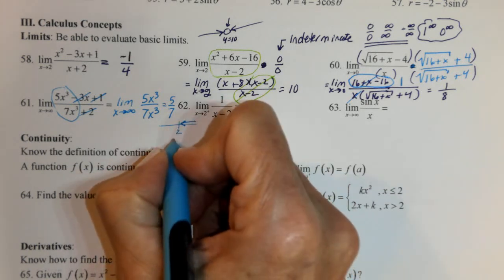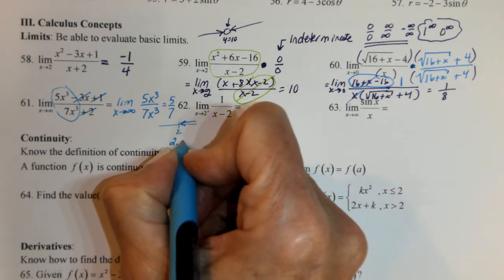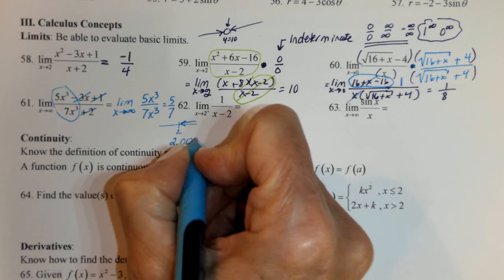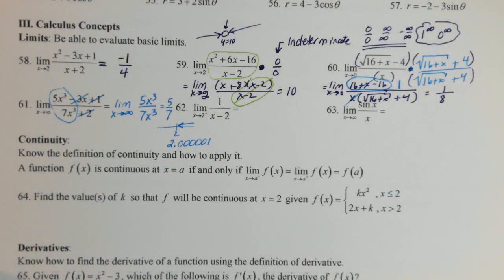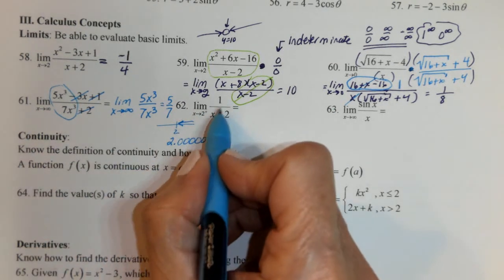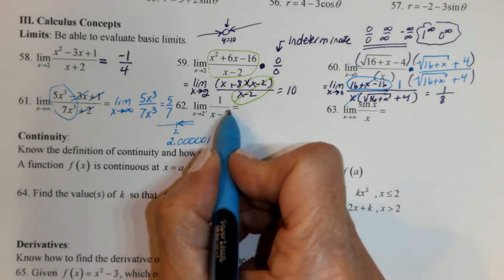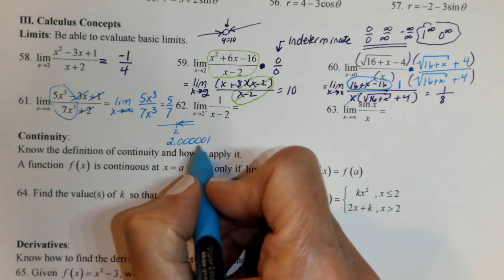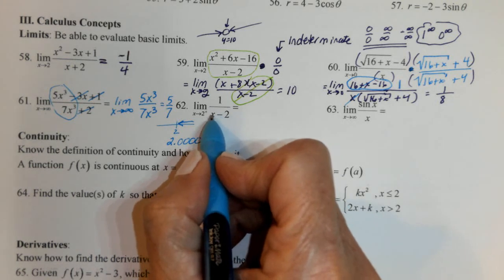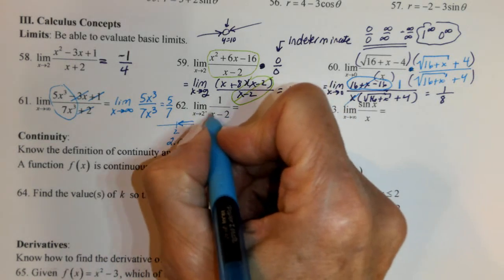So, in other words, I can put in, for x, something like that. If I put something like that in for x, I see that I have 1 on top, and on the bottom, I'm going to have a very, very small positive number.